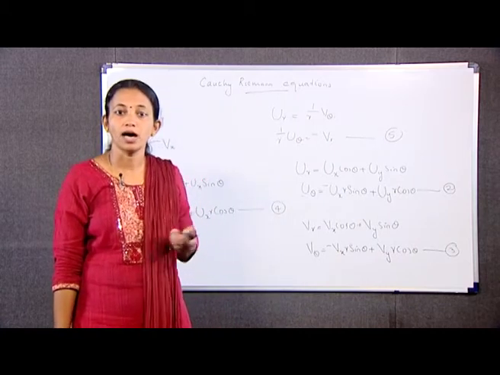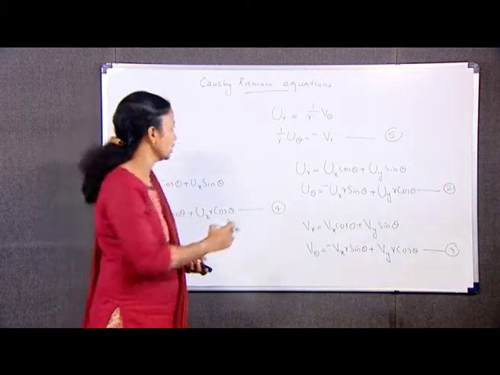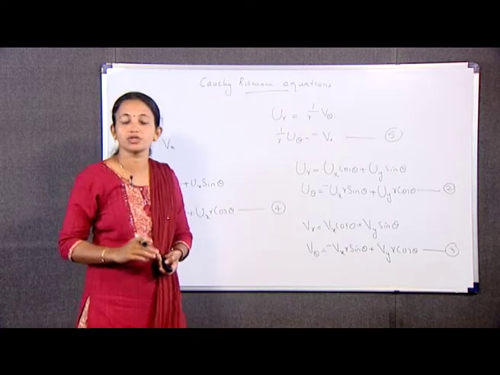Equations 5 are the Cauchy-Riemann equations in polar form.